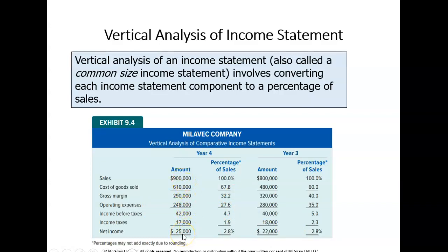So our net income, 25,000, represents 2.8% of our sales. So we take 25,000 and divide that by 900,000. That'll give you 2.8%. So with vertical analysis, we do that for both years. We're taking each line item as a percentage of our sales to say that, again, our gross margin represents 40% of our sales amount. Okay?